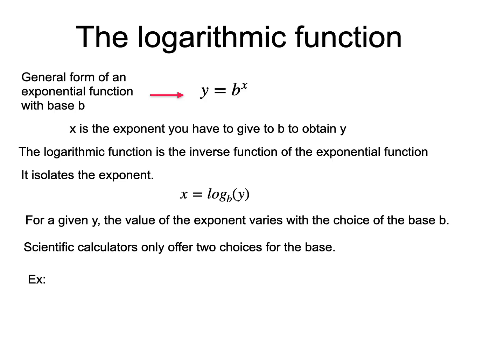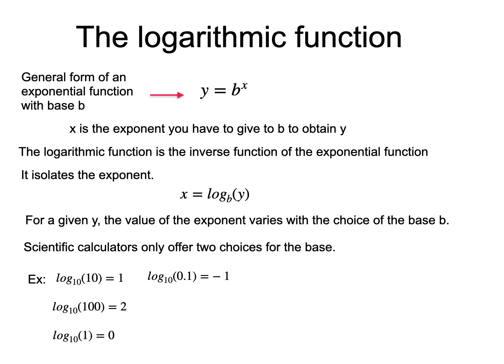For example, evaluating the log base 10 of 10 gives 1, because 1 is the exponent you have to give to 10 to obtain 10. 2 would be the exponent that you would give to 10 to obtain 100. Because 10 to the 0 equals 1, then the log base 10 of 1 is 0. 10 to the power of minus 1 can be written as 1 over 10, which is 0.1.